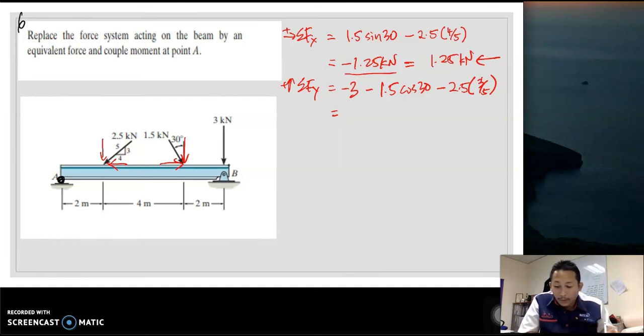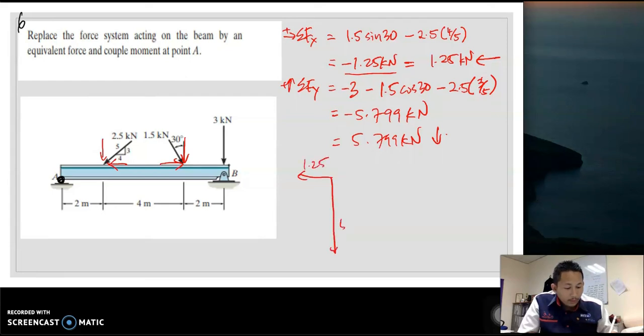And then for Fy, we have negative 5.799 kilonewton, and it is actually 5.799 kilonewton acting downward. Okay, so we have 1.25 to the left, 5.799 kilonewton. So the resultant force, Fr.